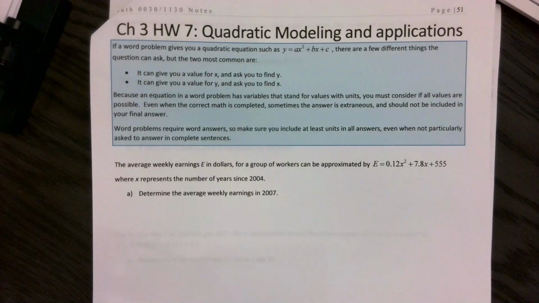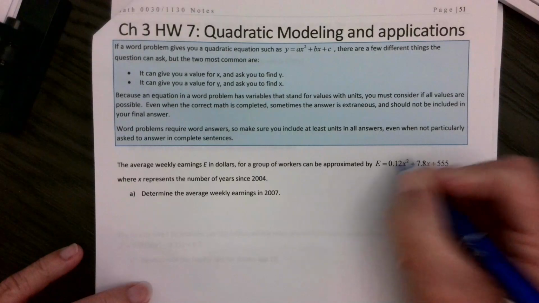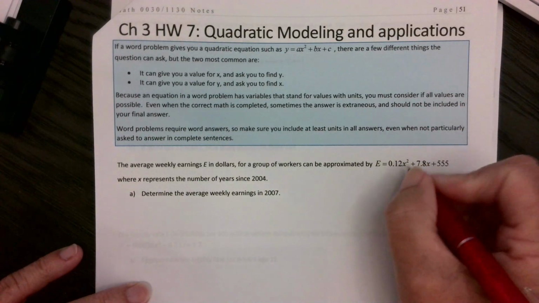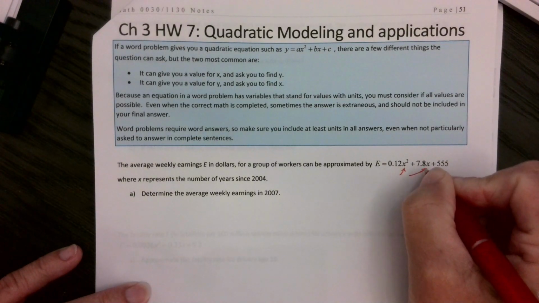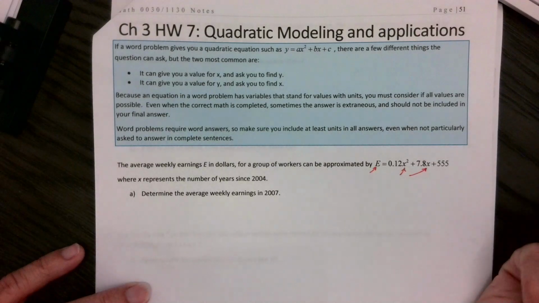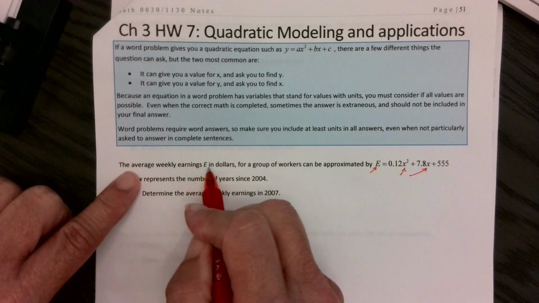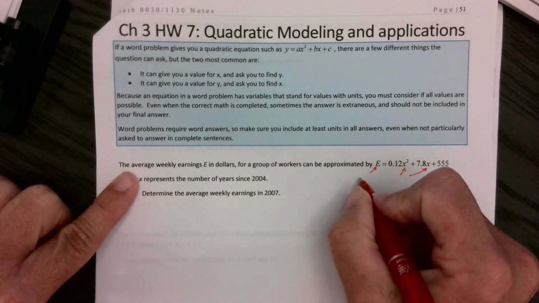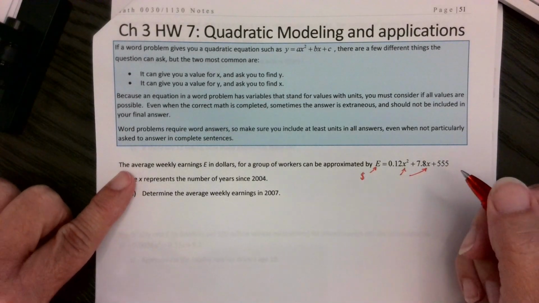Okay? So, right here, we're going to read the problem so that we know what X is. So we know what these X's stand for. They're the same thing. And we know what E stands for. Okay? So we're going to read it. The average weekly earnings E in dollars. So this is our dollars. It's our earnings in dollars.